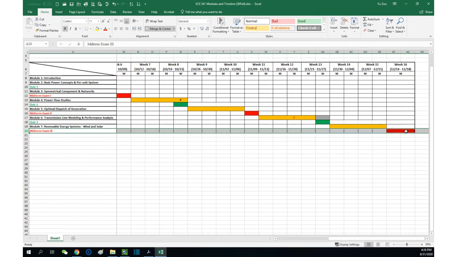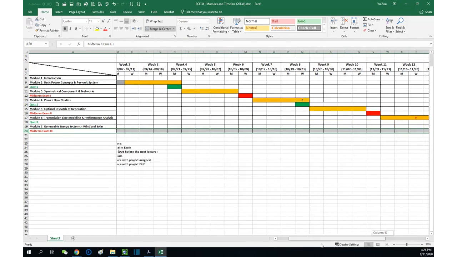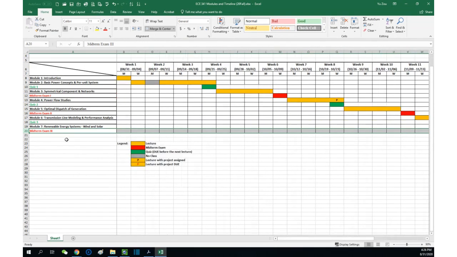For this particular course, I think our final exam time, I mean the third midterm, will happen on Monday. So the first day of the final week, we're going to have midterm 3. Besides, we have, as said, 3 quizzes. I'm using green color.